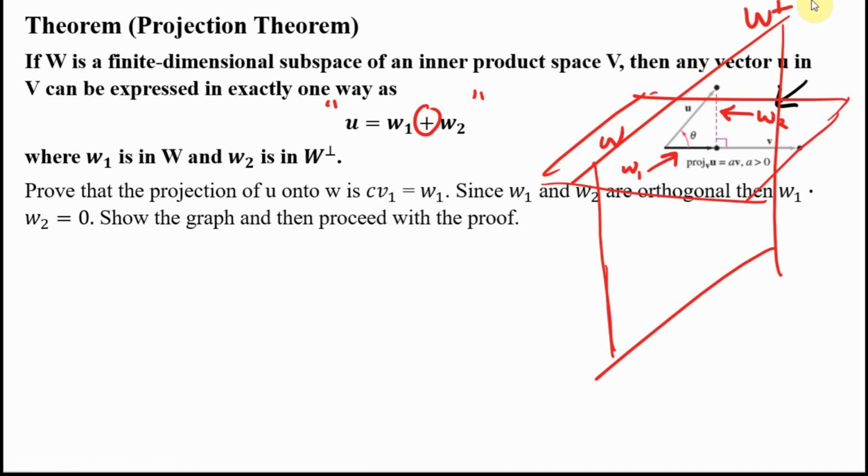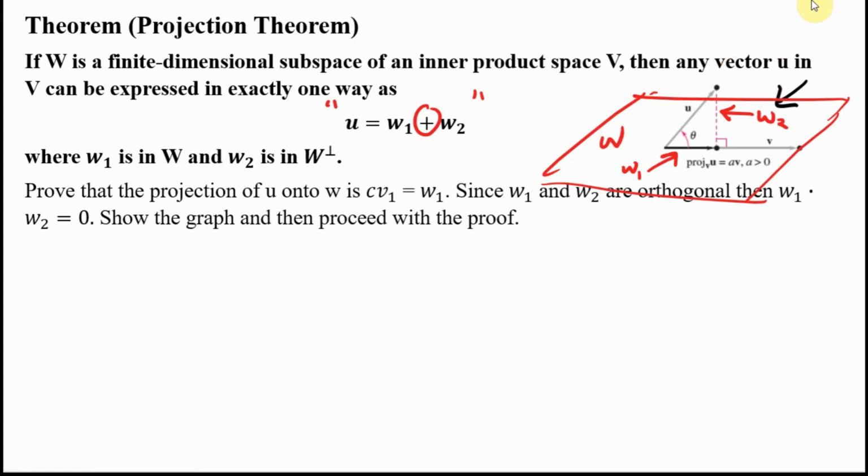So prove that the projection of u onto W, or what we did, the projection of u onto V, is what we want and what we're trying to get. And to erase this so I can actually prove this so you can actually see it. So since W and W2 are orthogonal, then we can write the dot product of W1 and W2 is 0.